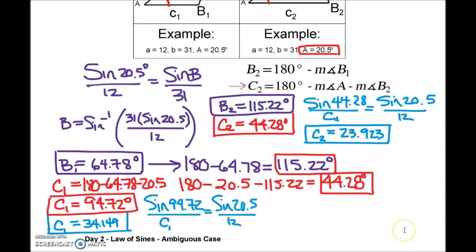And so you'll see in this situation I end up with my three parts for my first triangle, angle B1, and then I got my first option for C, so angle C1, and then side C. And then I also have my second triangle as well. So it's a lot more work, but the process is actually pretty straightforward.